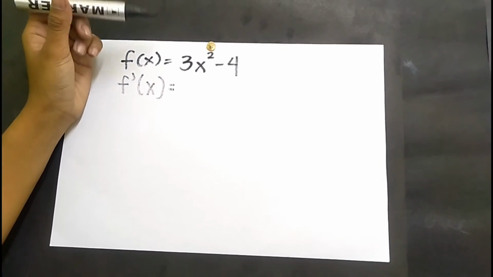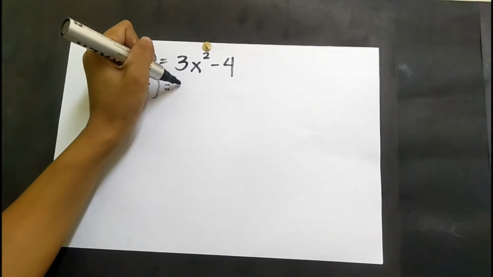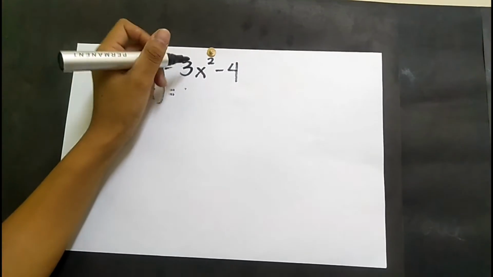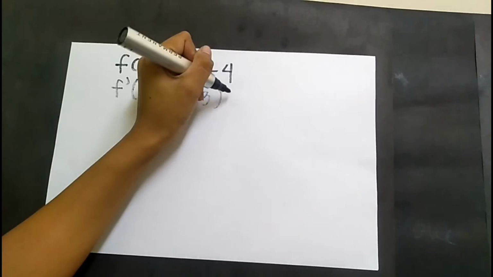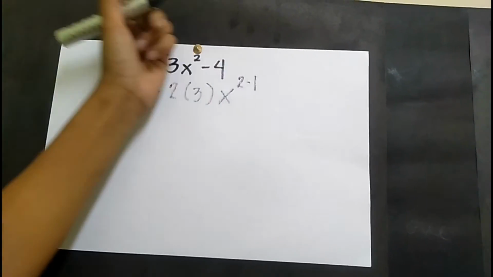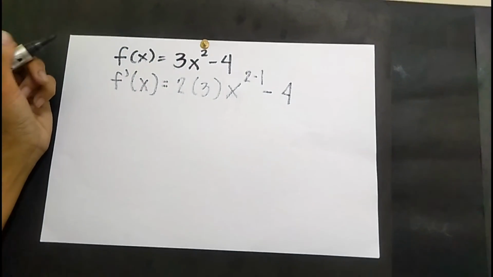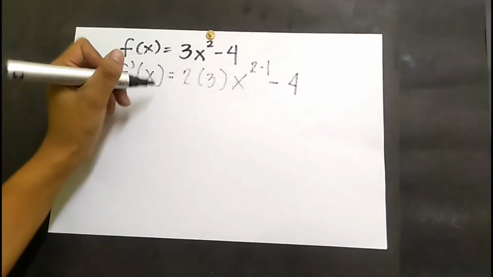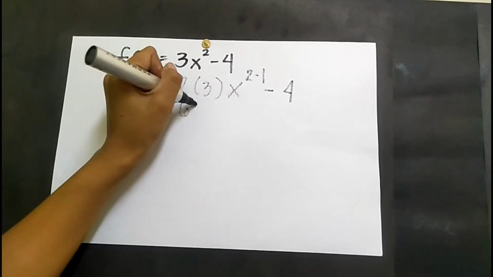It should be 2 times 3x raised to 2 minus 1, minus 4. Simplify it, so it would be 6x minus 4.